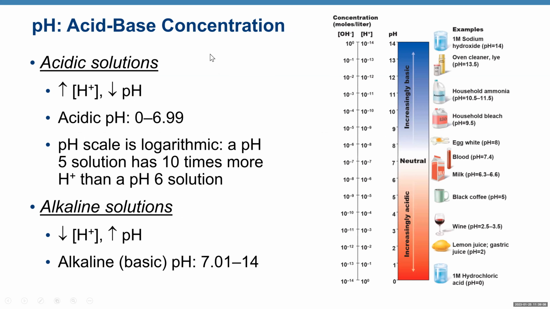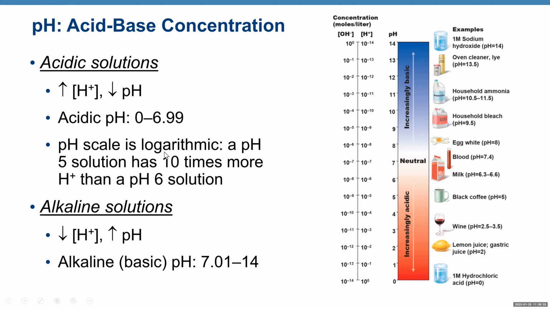Now let's look at what's going to happen when we have an acidic solution. When we have an acidic solution, concentration of hydrogen ions increases, right? We have more hydrogen ions. But because pH is a negative logarithm, then pH goes down. So acidic pH is from 0 to 6.99, right?